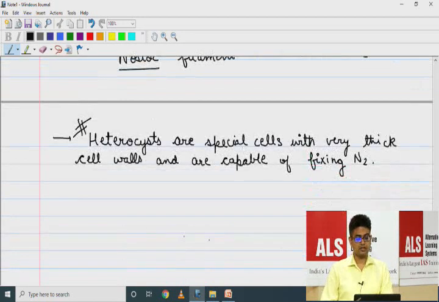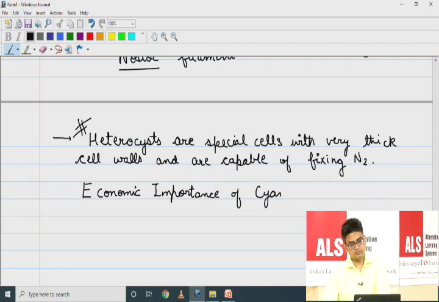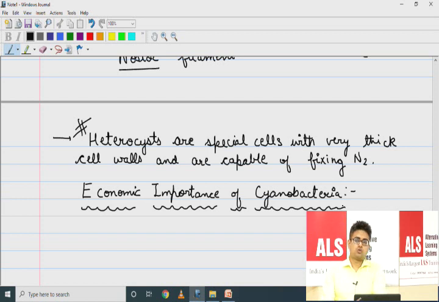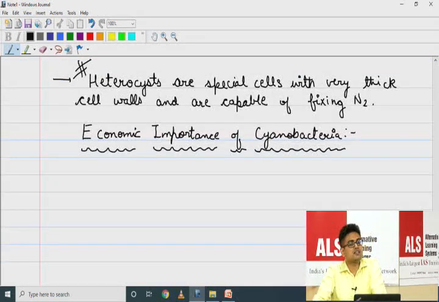And there is one more important thing about cyanobacteria. Please write it under a separate heading, economic importance of cyanobacteria. The cyanobacteria are capable of not only fixing nitrogen, they are also capable of acidifying the soil.